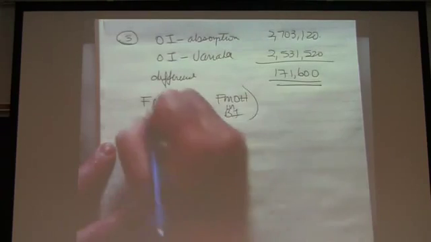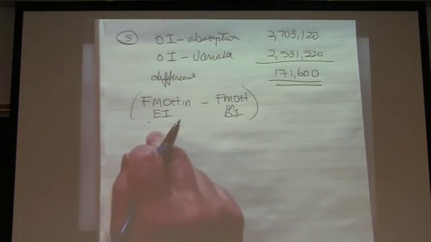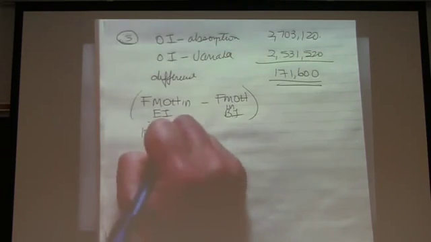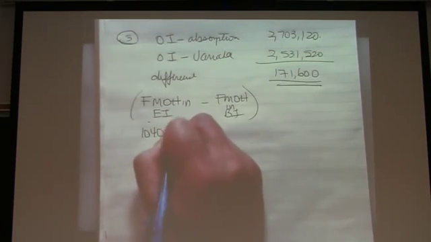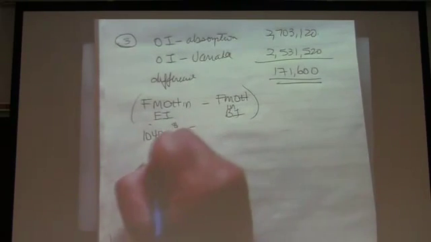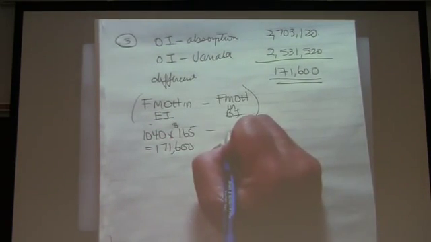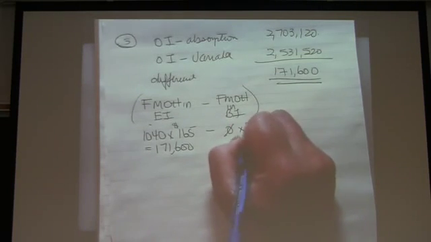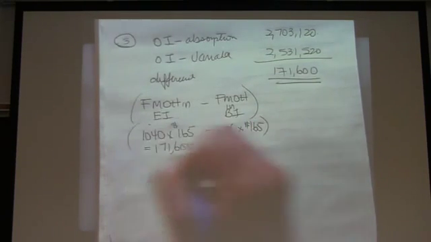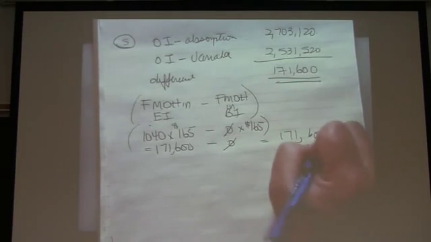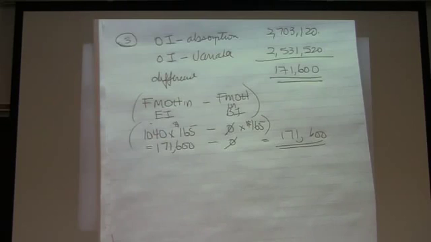Now, what is the beginning? The ending inventory is 1,040 and the fixed was 165 per unit. That was given to us. This equals 171,600 and the beginning is 0. That gives you 171,600. So that's the difference. That is the reason for the difference.